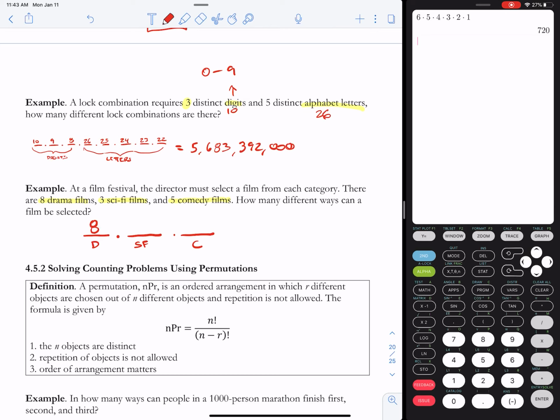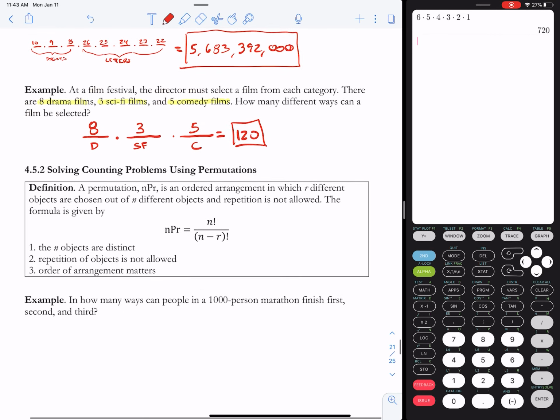How many sci-fi films are there? There's 3. And then how many comedy films are there? There's 5 comedy films. So when you put that and you get your solution from your calculator, you would get 120 ways a film can be selected. So quite a few. Let's go ahead and box that one above it.